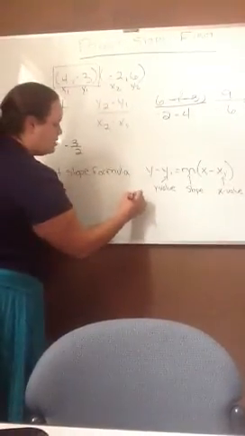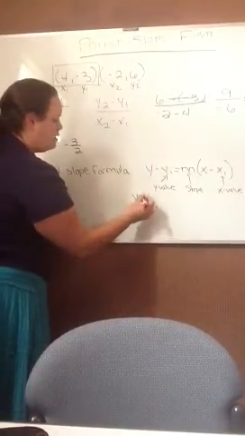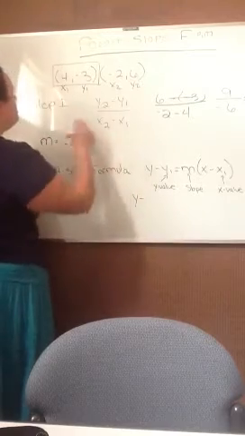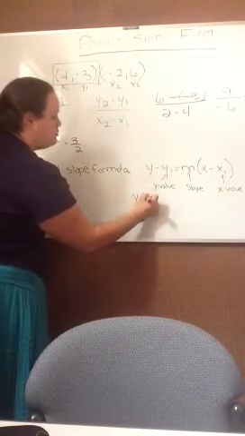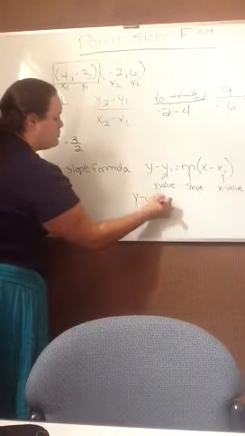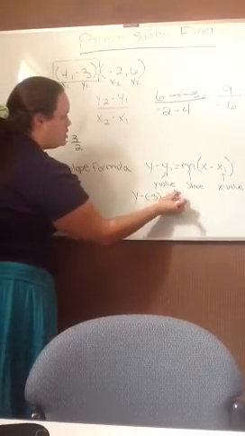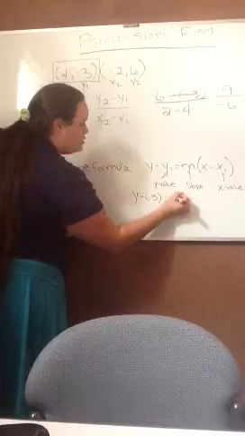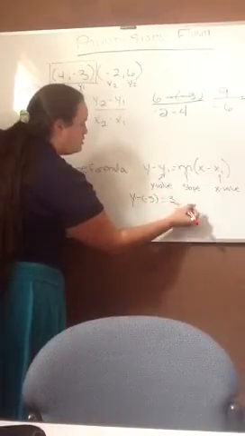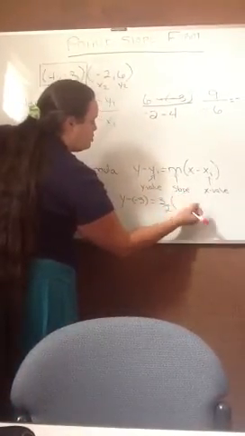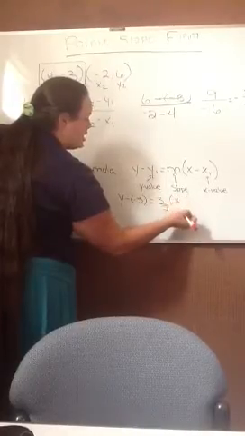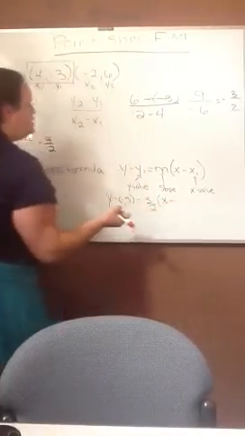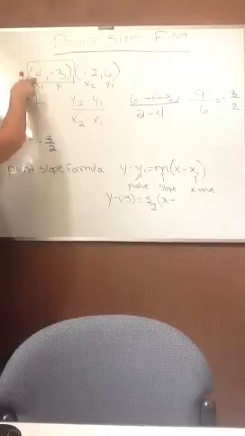So let's go ahead and do that. y stays y minus your y1 value, which is -3, equal to your slope, which is -3 over 2. Open your parentheses, your x stays, minus your x value from your point, which is 4.